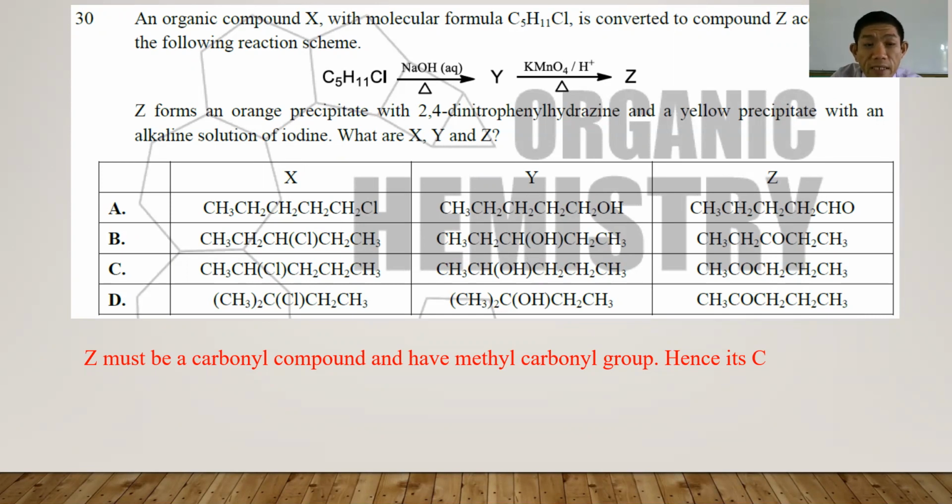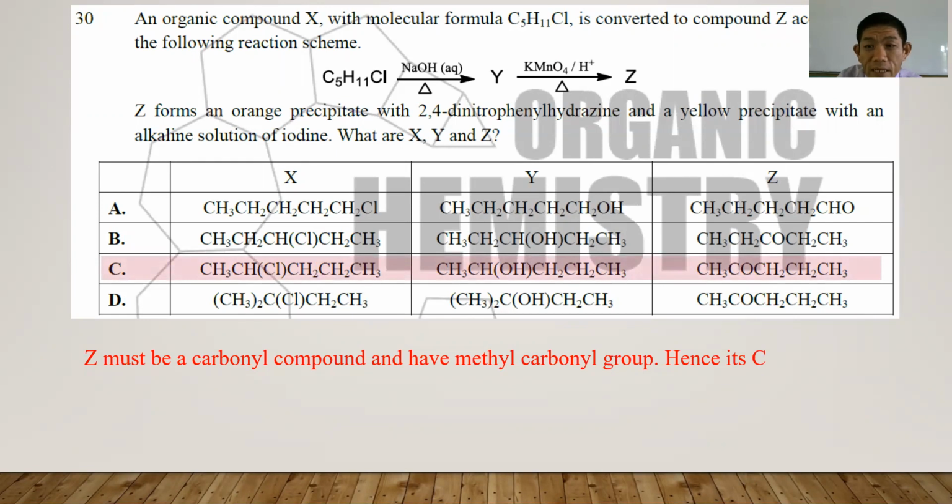As for C, CH3CHClCH2CH3 can react with sodium hydroxide to form a secondary alcohol. Then this secondary alcohol is the Y shown in the diagram. And the last one, when reacted with this oxidizing agent, gives a ketone.